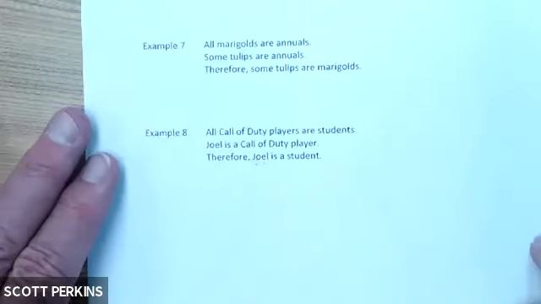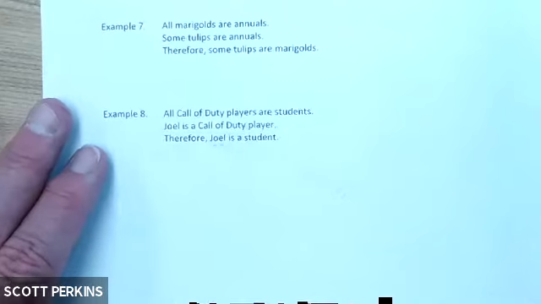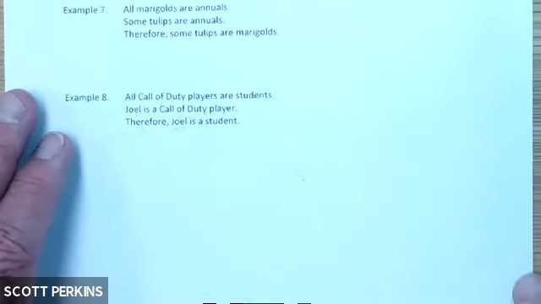All right, we've got two more. We've got plenty of time. So we're going to go ahead and finish up these last two. So go ahead and do example 7 about marigolds and tulips and all sorts of fun flowers.